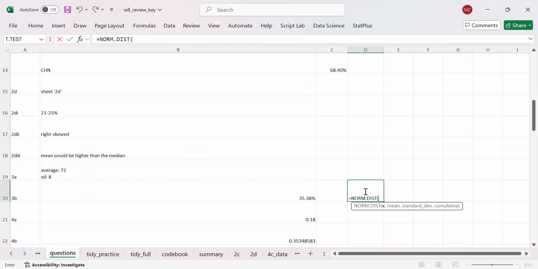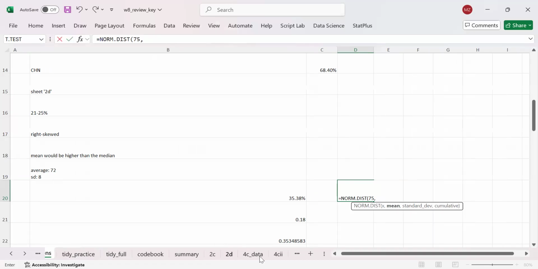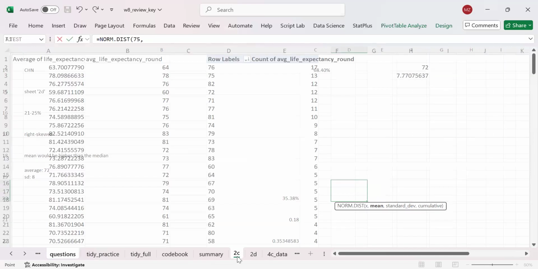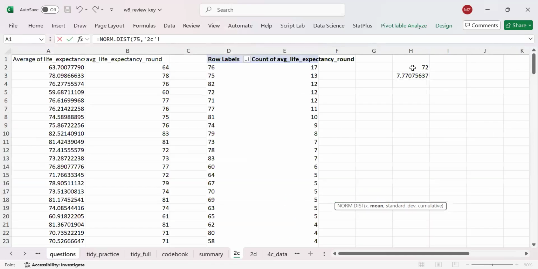and we need to give it four different inputs. The first input is the value that we want to choose. We want something larger than 75, so that would be the x first. Then you give it the mean. The mean is rounded to two digits, but more appropriate would be to use the exact mean, so we can pull it from what we calculated here.